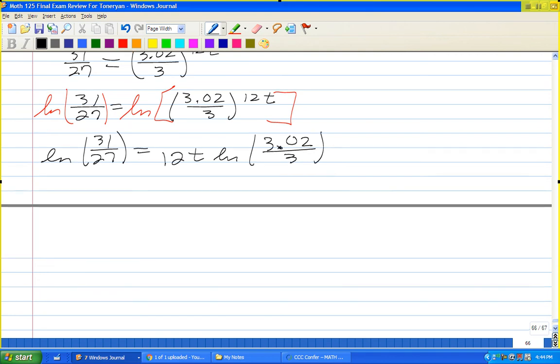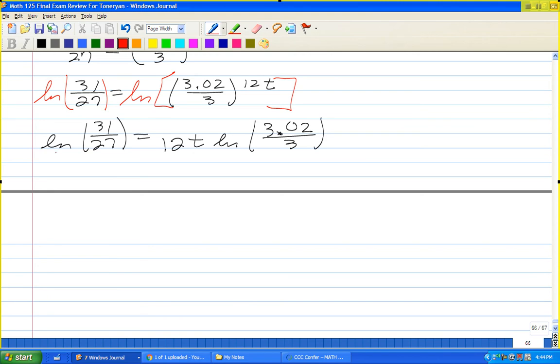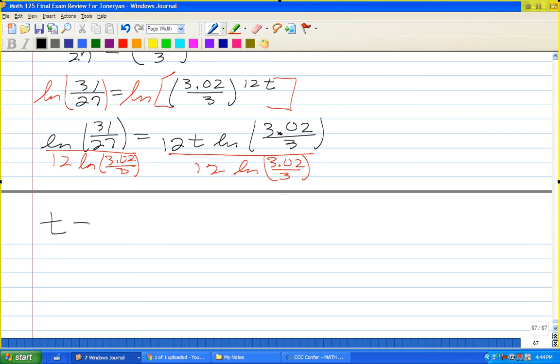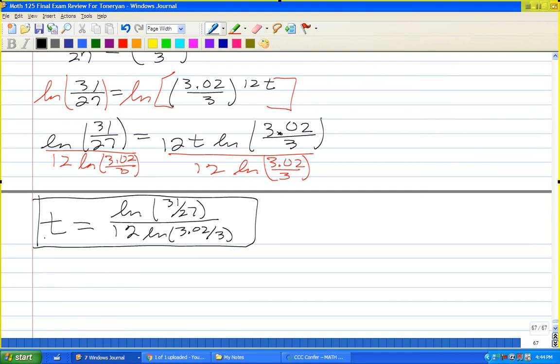Okay, so let's solve for t. So let's divide both sides of my equation by 12 ln of 3.02 over 3. So t is equal to ln 31 over 27 over 12 ln 3.02 over 3. And now let's get an approximate answer for that.